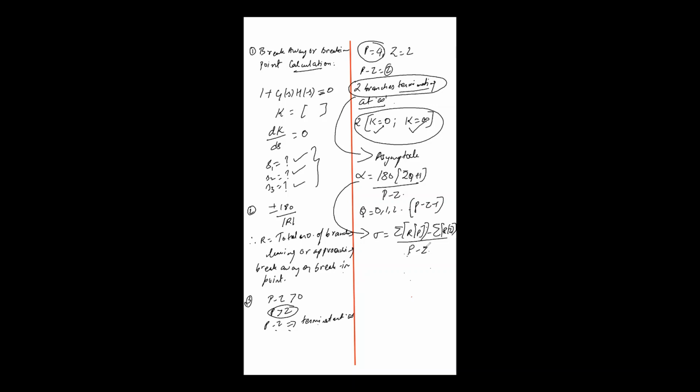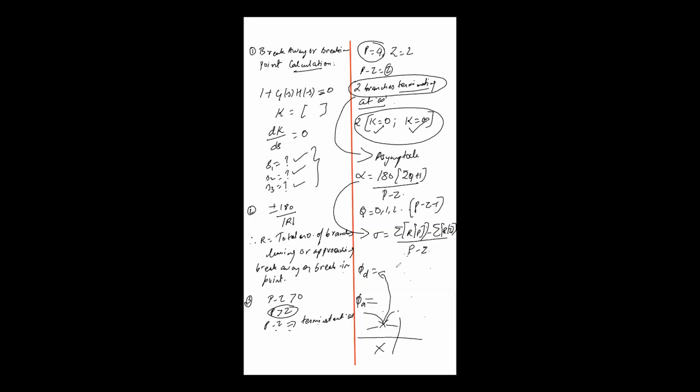Next, we have also seen angle of departure and angle of arrival. That is phi d, angle of departure, and phi a, angle of arrival. Why do we need to calculate that? Suppose we are having complex conjugate poles, then how will the root locus branches start from this point? It can go like this, like this, like this. So this is decided by what? Angle of departure.